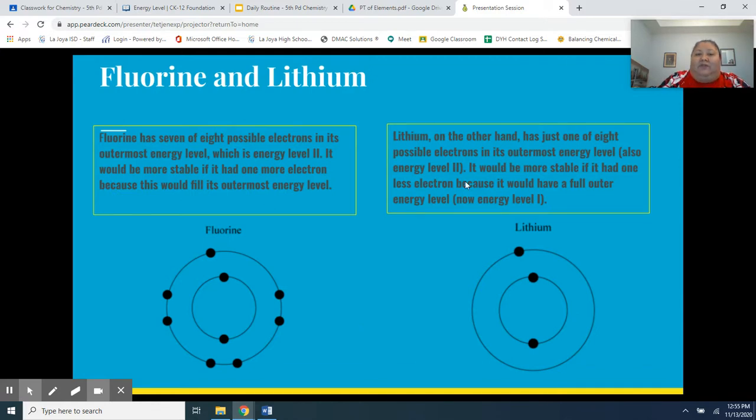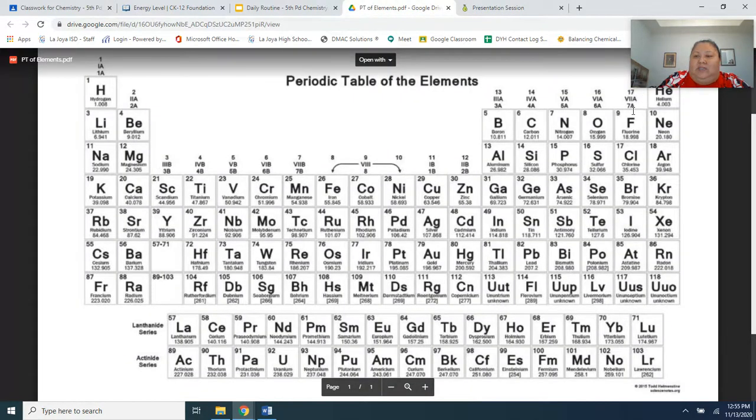All right, so fluorine is in group 17. Lithium is in group 1. Every element in group 17 will have 7 valence electrons. Every element in group 1, lithium, sodium, potassium, has 1 valence electron. So group 17 is always saying, hey, is anybody out there who wants to give up one electron?